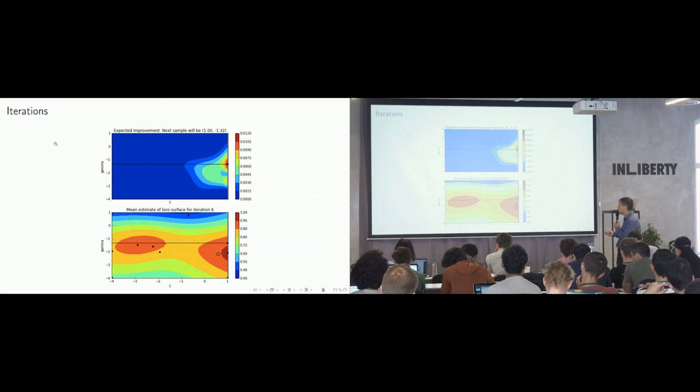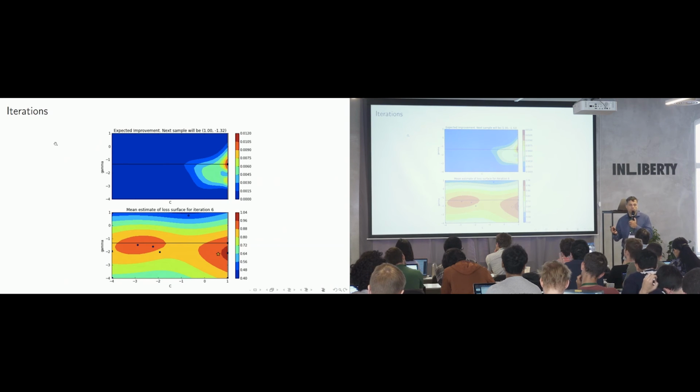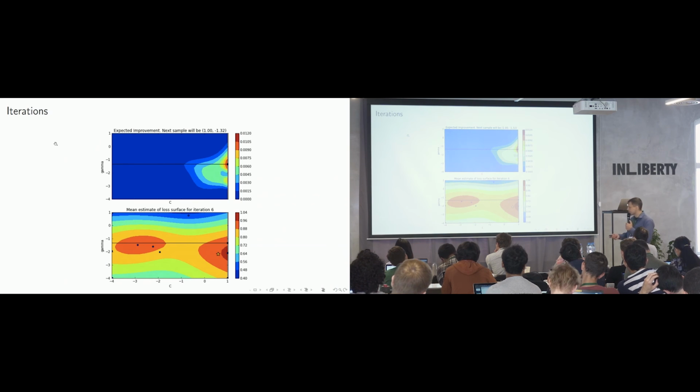And it's obvious that if I just randomly sample 9 values of C and gamma, or I consider a grid of values of C and gamma, I will not get as close to this optimal value as I get to it right now, thanks to expected improvement.